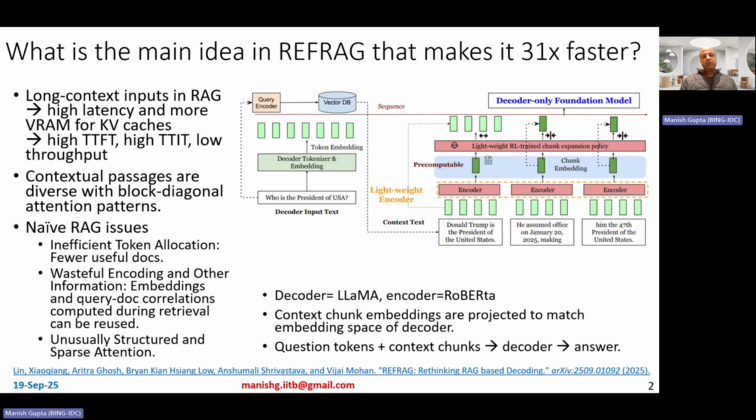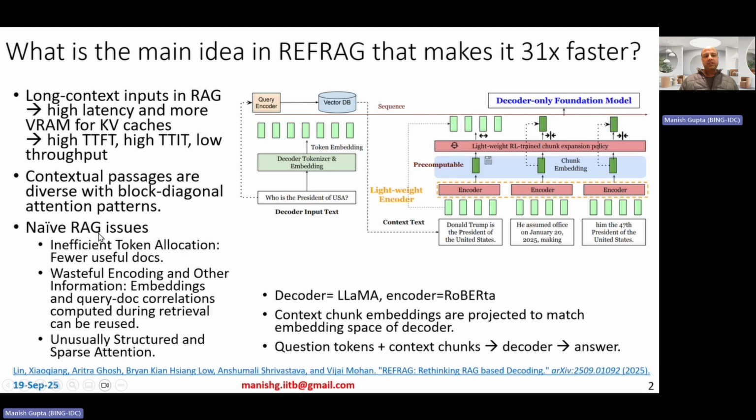This means those documents typically have not much to do with each other, in which case people observe block diagonal attention patterns, meaning there is typically not much one document can learn by attending to tokens of the other document. That is an interesting observation, which is exploited in the Refrag architecture.